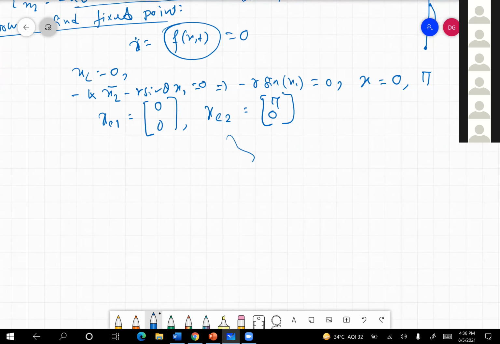Here we basically use Taylor series to find the linear system. I'm not going to discuss what Taylor series is.